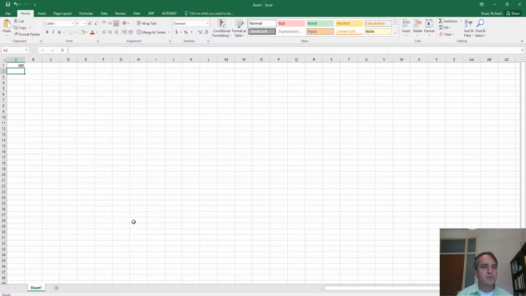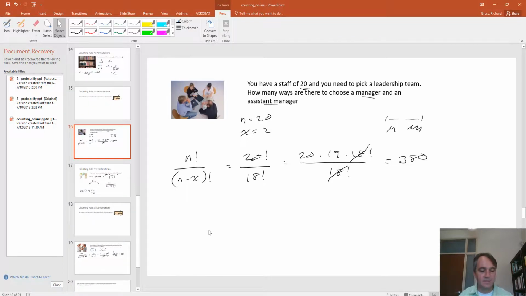So 20 permute 2, and that's the answer we got. And then we had 12 choose 2, and in Excel, that is COMBIN for combinations. So we had 12 and 2. Okay, so it gets the same answer again.